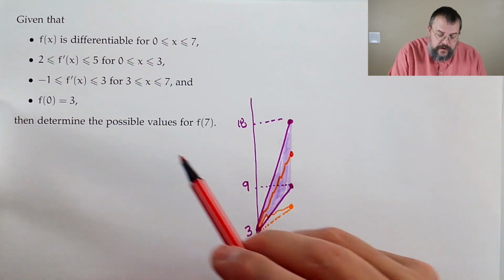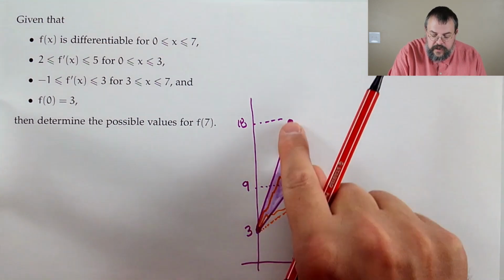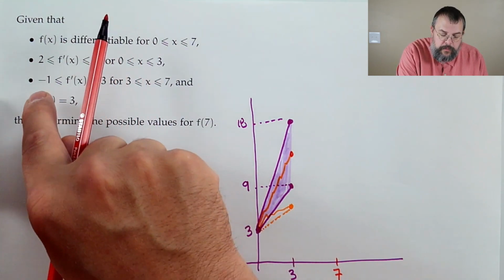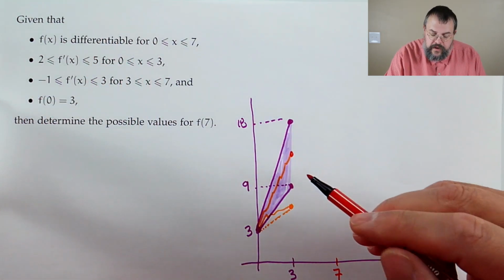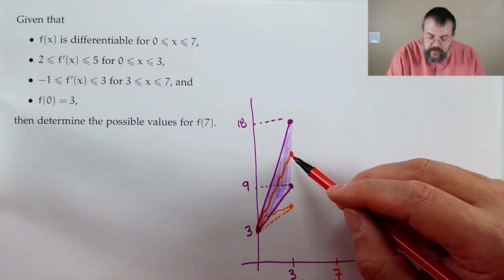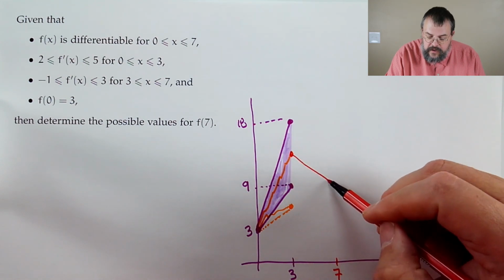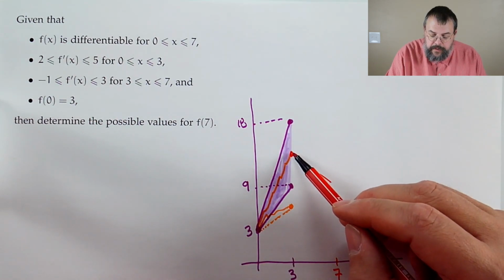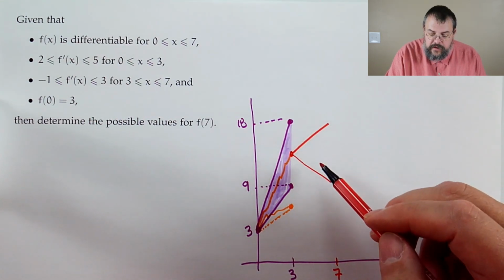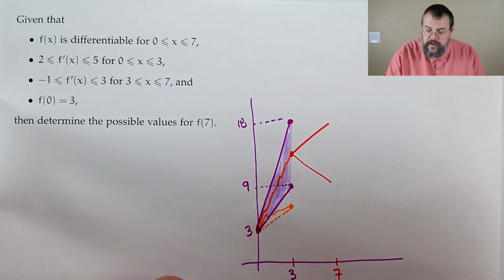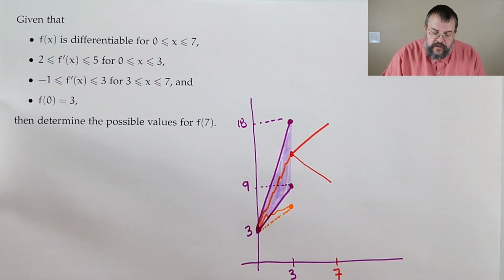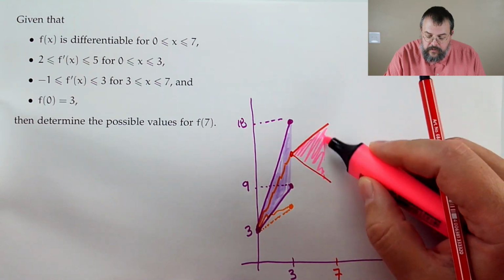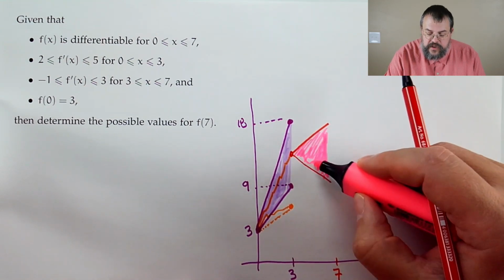Well, you again form a little cone here. You say, my growth is bounded below by -1, so I'd have a slope of -1 going down, or I'd have a slope of +3 going up. So there's this little tiny cone here. That's at that particular point that I'd have to stay in between. But for any arbitrary point, I can make such a cone.